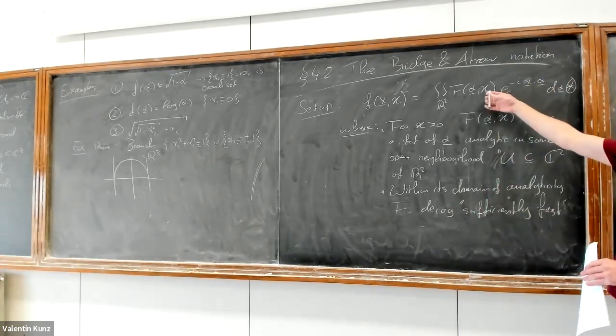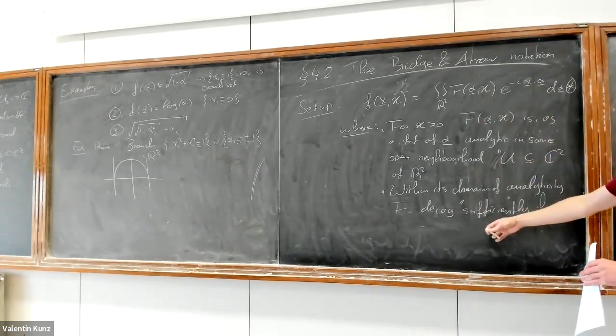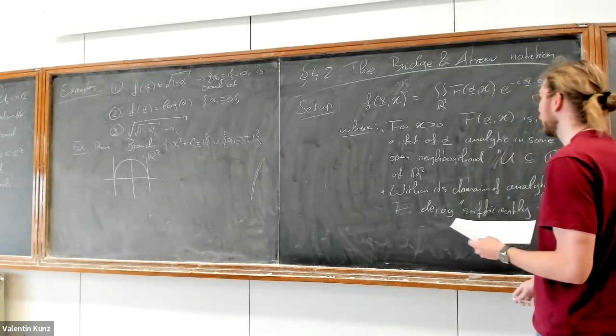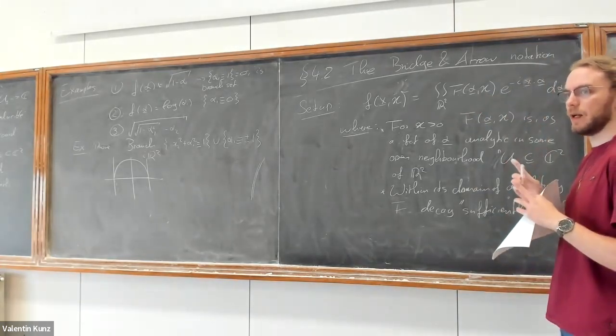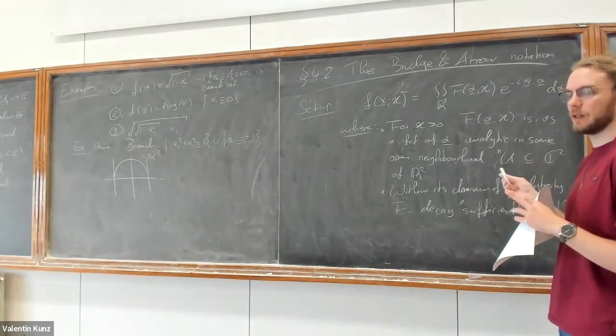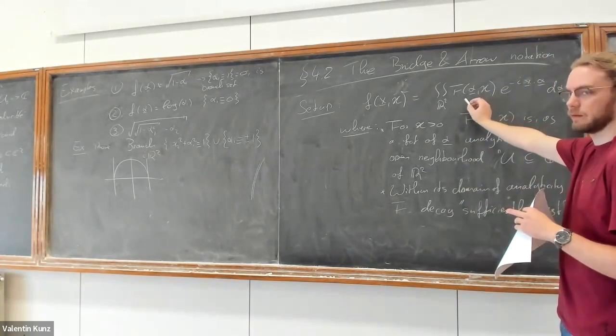In particular, this integral is well defined. In practice, it's enough for it to decay like 1 over alpha 1 times alpha 2, as alpha 1 and alpha 2 go to infinity, but it doesn't matter really how exactly.